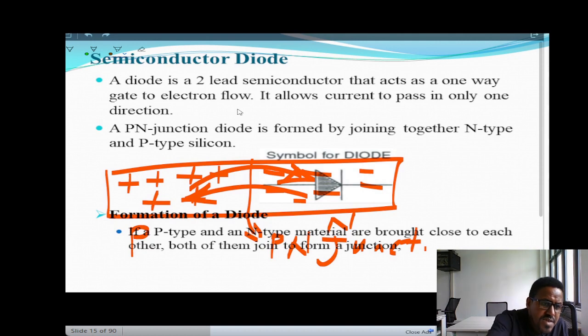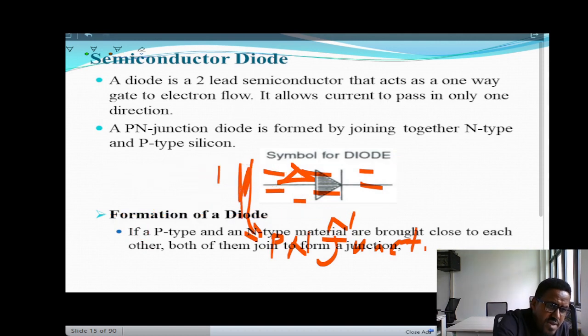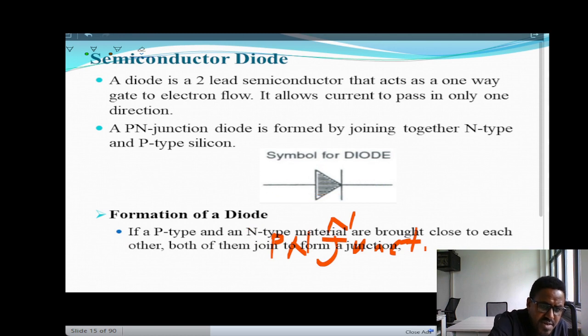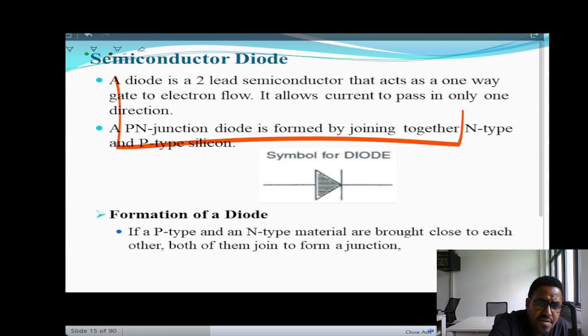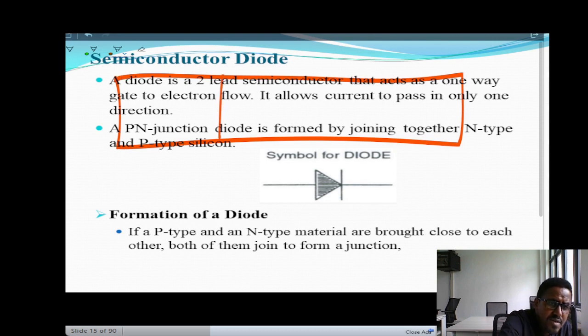Now, in this junction, there exists a region where positive ions and negative ions are formed. We can call it the p-n junction or junction barrier.